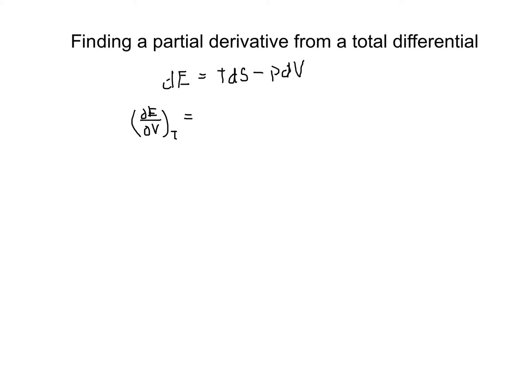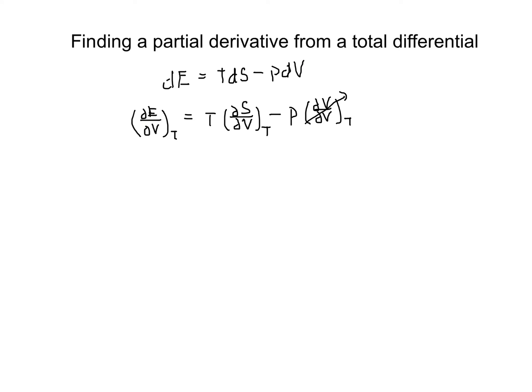So we'll use the shortcut that we just learned and treat dV as an algebraic quantity. So if I do that at constant temperature, I can divide the above expression through by dV to get dS/dV at constant T times T minus pressure times the derivative of volume with respect to volume at constant temperature.